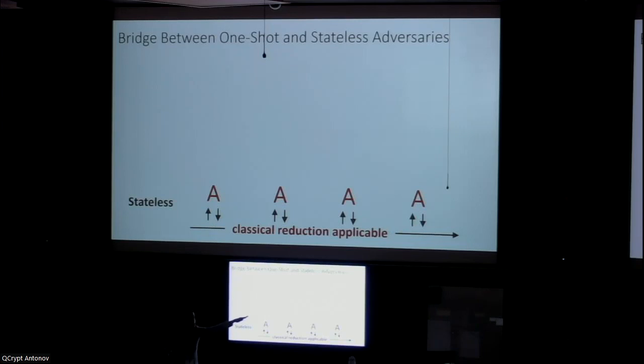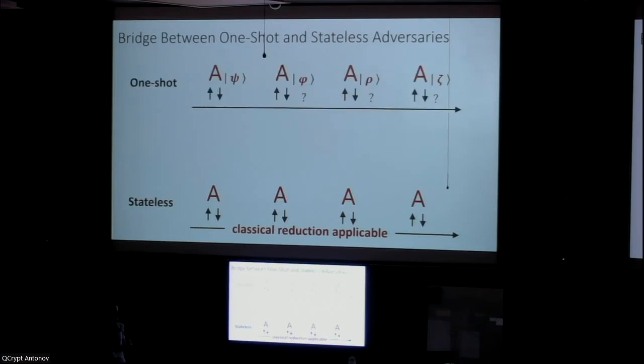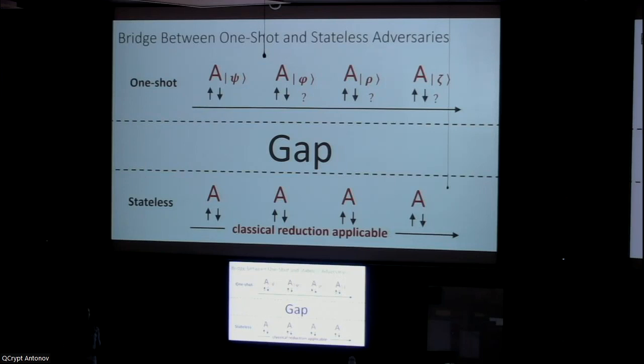We know that our classical reductions are applicable if the adversary is stateless. But what we have at our disposal, unfortunately, is this one-time adversary, who after you run him once is measured and can't work anymore. So the question is, how do we bridge this gap?